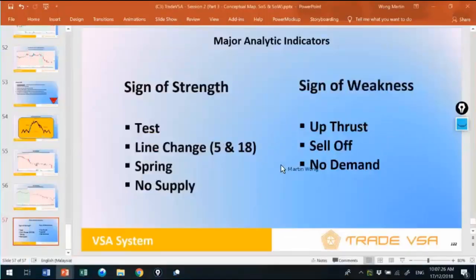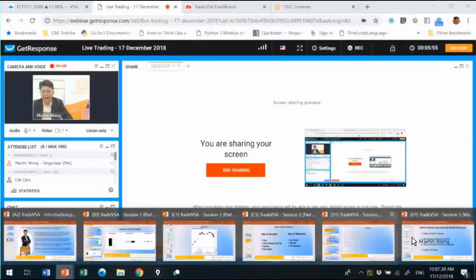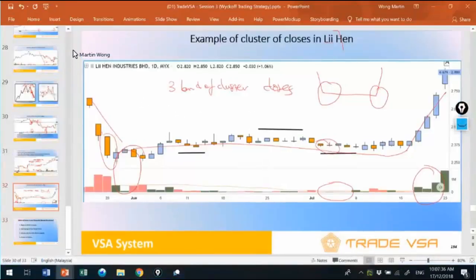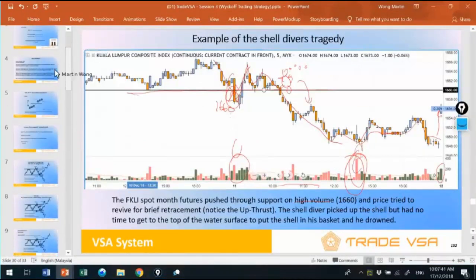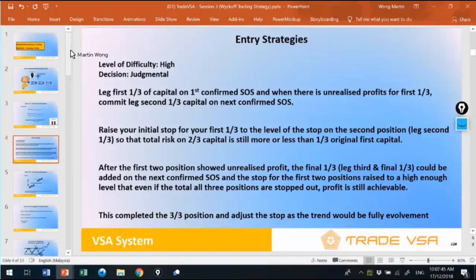Later on, we went on to the Wyckoff trades, and we talked about shorting on thrust, the cluster of closes, and the rule of 3. Remember the rule of 3? We can start building a trade in thirds, and we exit out a third, a third and a third. That is what we have covered so far.